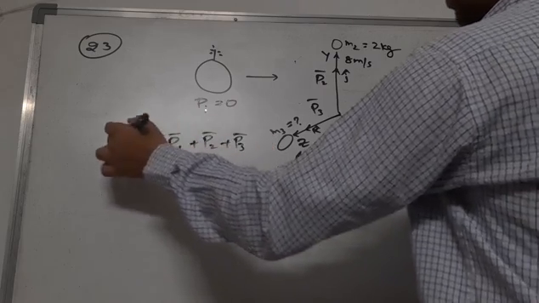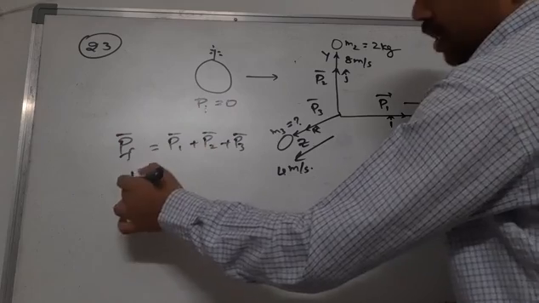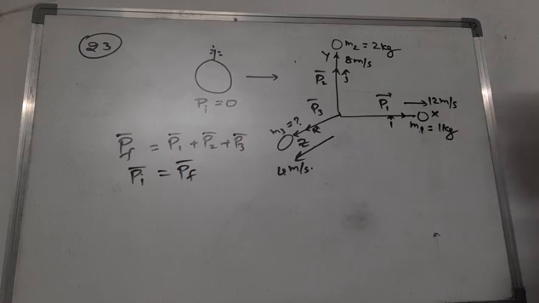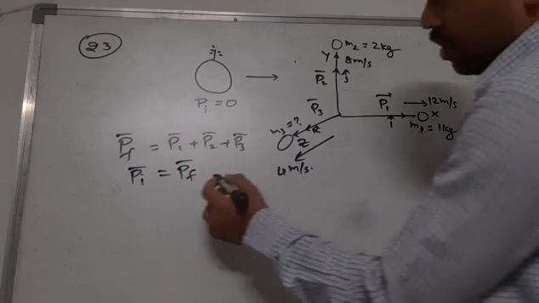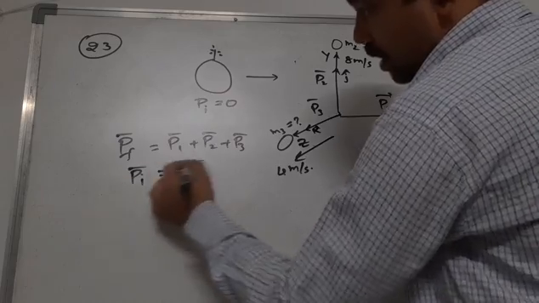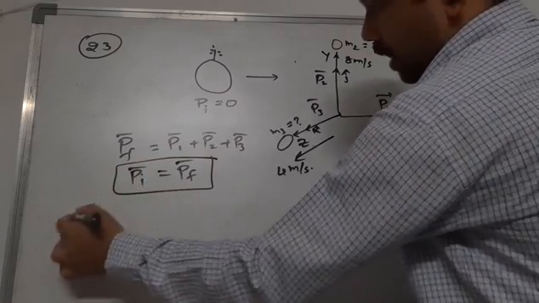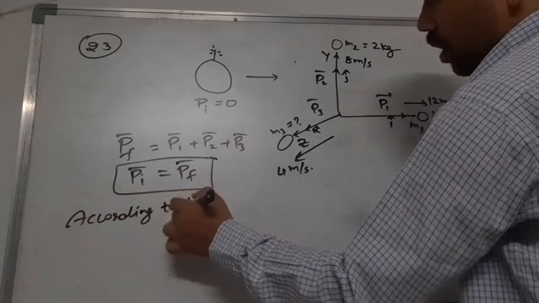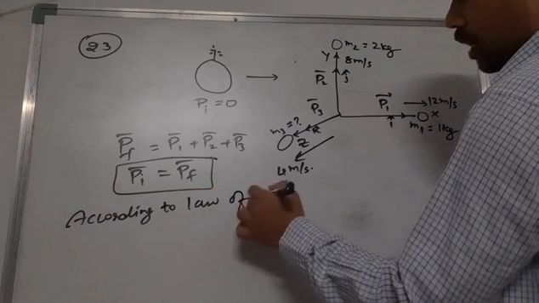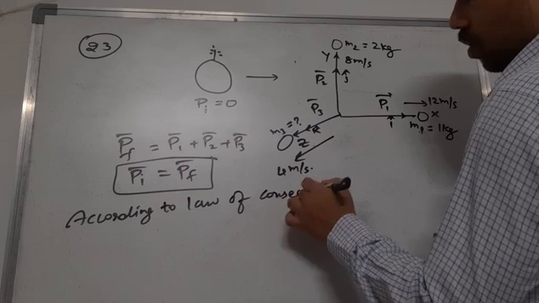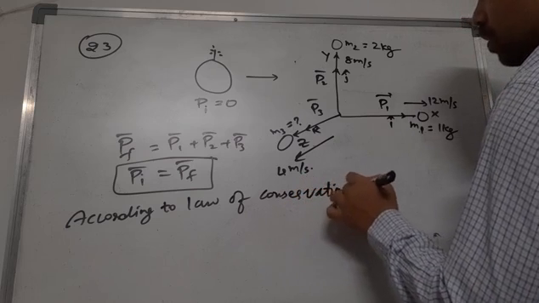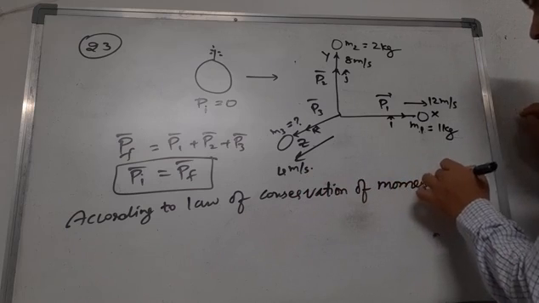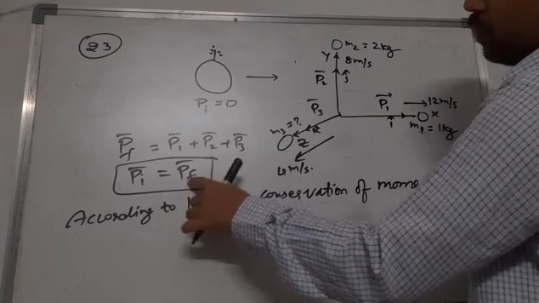So according to law of conservation of momentum, initial momentum must be equal to final momentum.